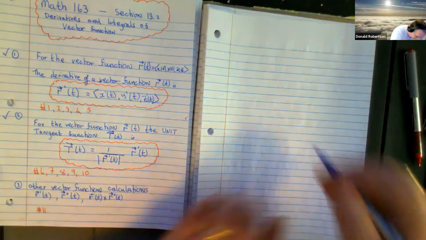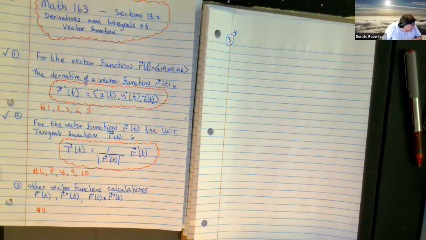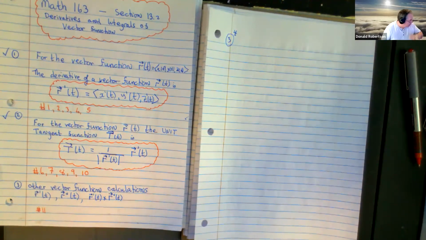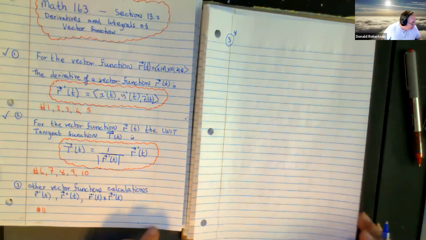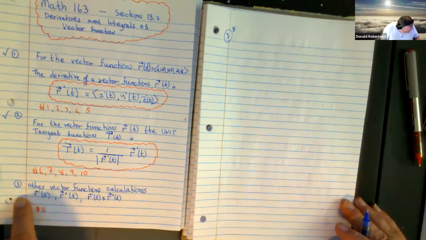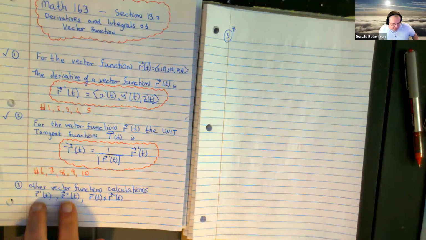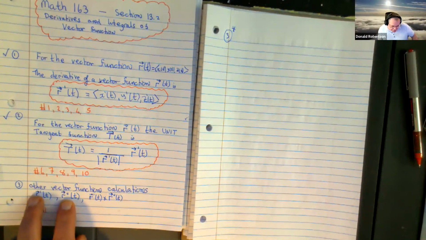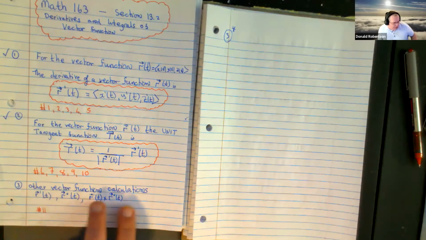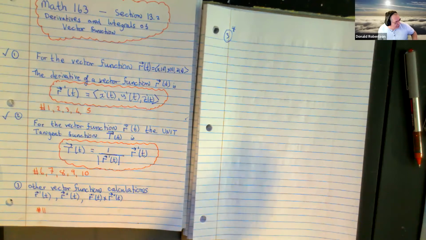Check off my list. Now, there's a one-off question, number 11, which asks you to just do various calculations using the derivatives. In particular, finding the first and the second, and finding the cross product. They also stuck in a unit tangent vector at 1, but I'm not going to worry about that.